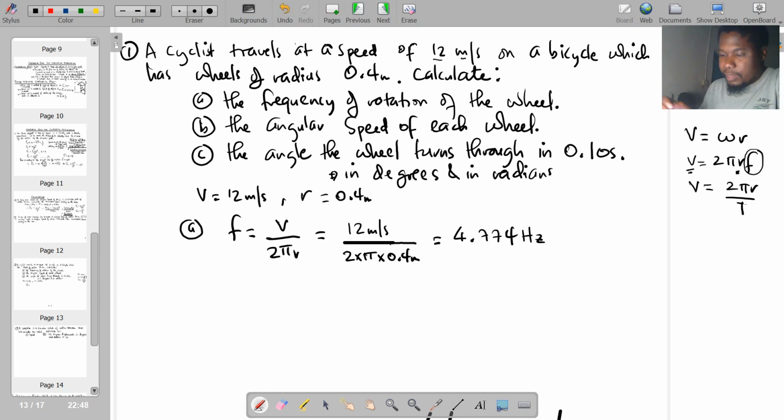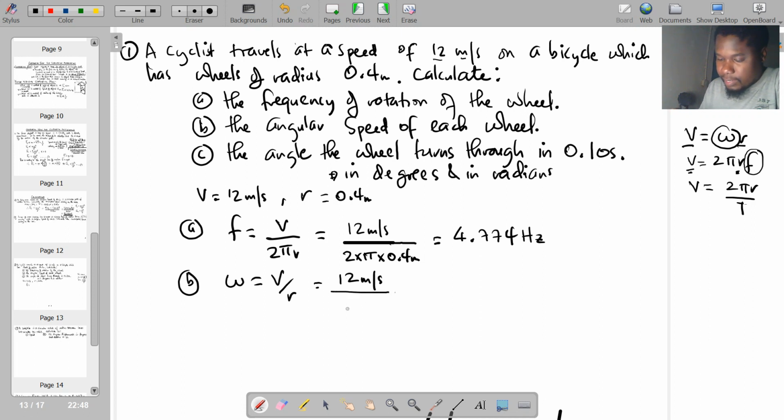Alright, so from there they also want us to find the angular speed of each wheel. So this is angular speed, in this case is omega. So we know v, we know the radius, they want us to find omega. So part B will be omega equals linear speed over r. So the linear speed in this case is 12 meters per second.